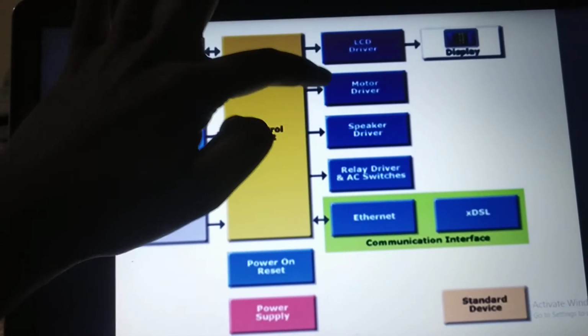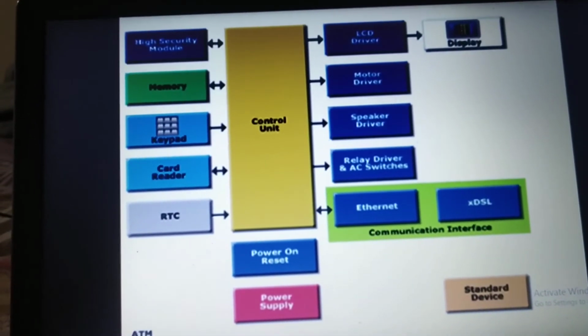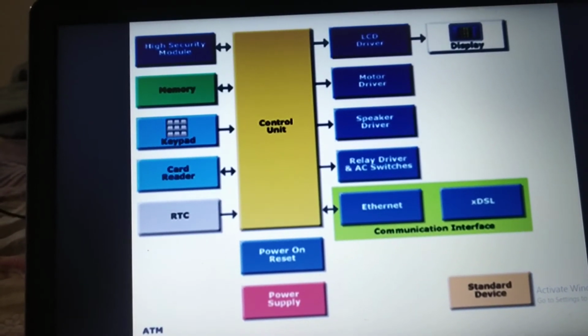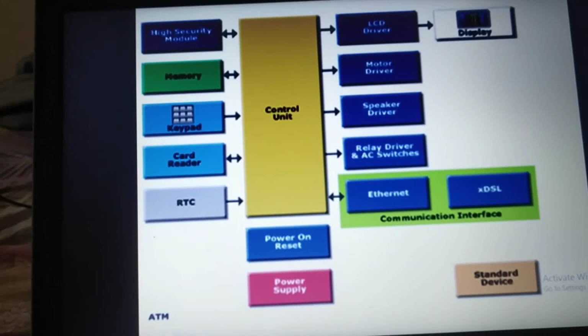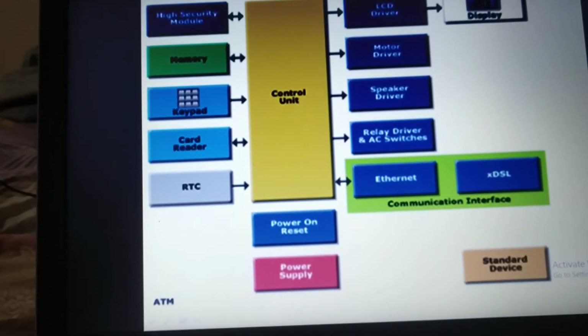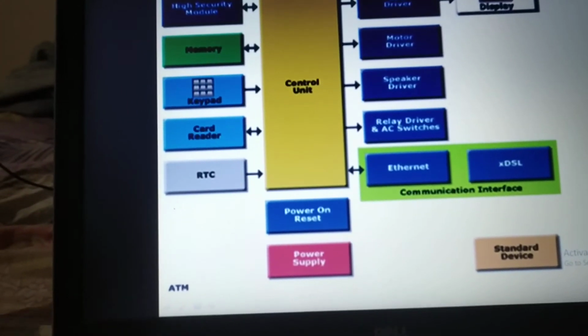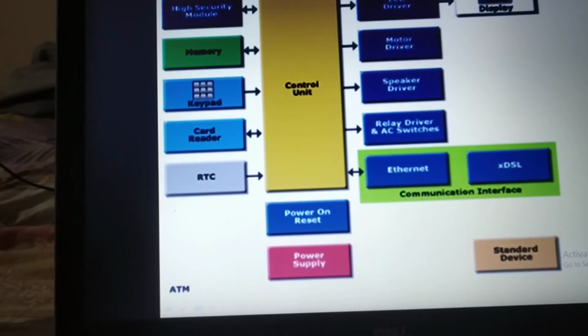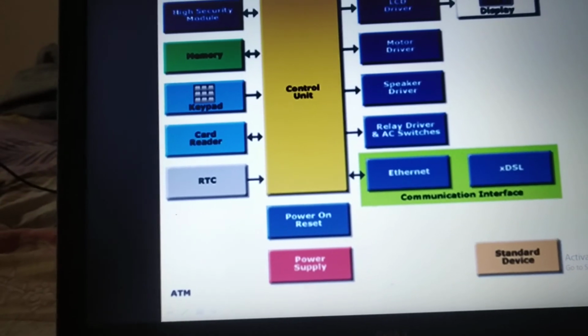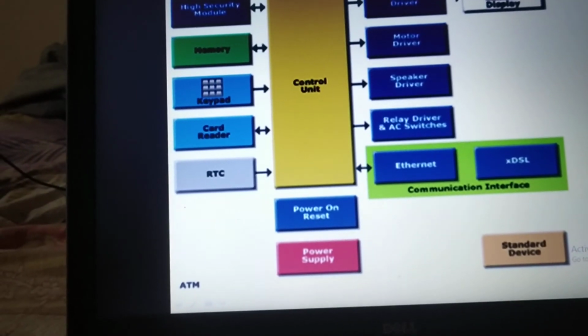The motor driver unit is used to count the cash in your ATM rack, that means the ATM tray. The speaker driver acts as an output node. The relay driver and AC switches act as switches and are used for providing the switching operations. Ethernet is used as a communication interface to connect your ATM machine to external devices.